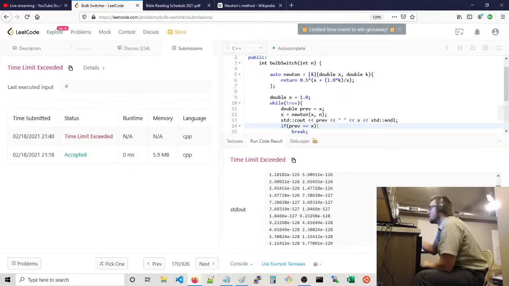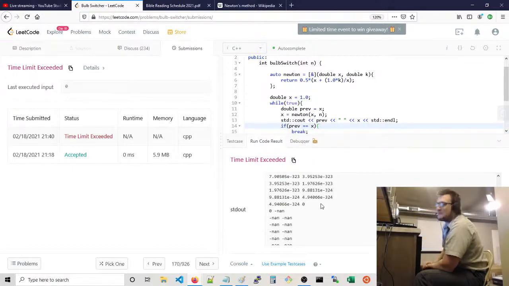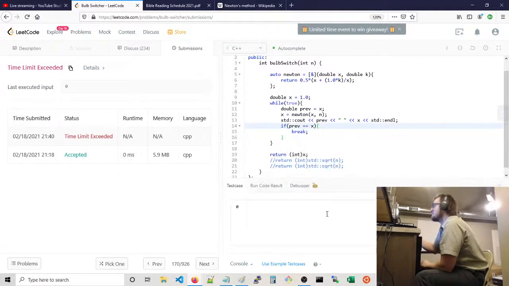Oh, that goes for a while, huh? Well, that goes for a while. Yeah, 0, negative nan. Just gives up after a while. It's pretty funny. Doesn't really work too well in 0.